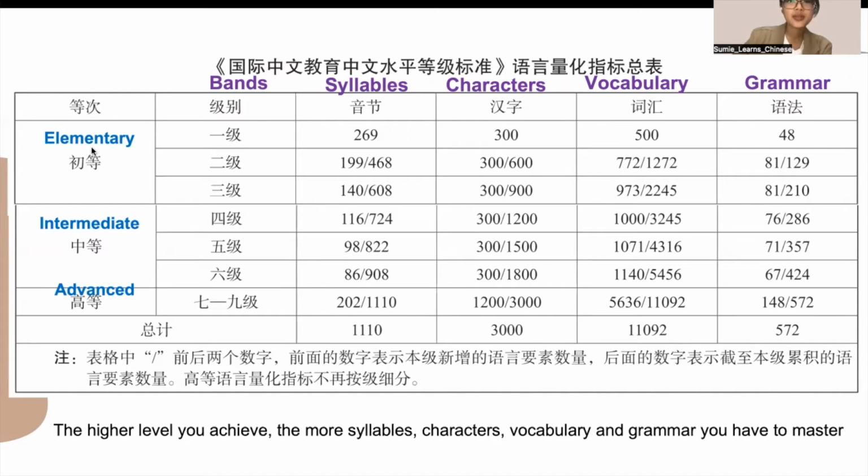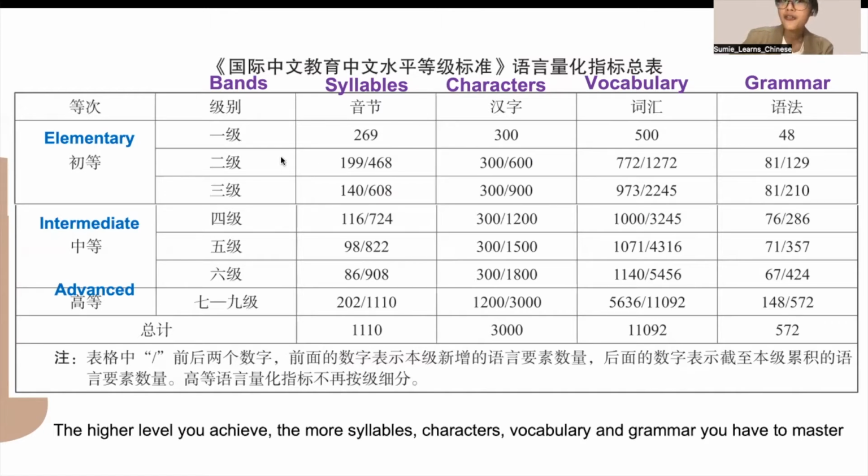So on the elementary levels, especially band 1, which in the past was level 1, you have to master 269 syllables, 300 characters, 500 vocabulary, and 49 sentence structures.